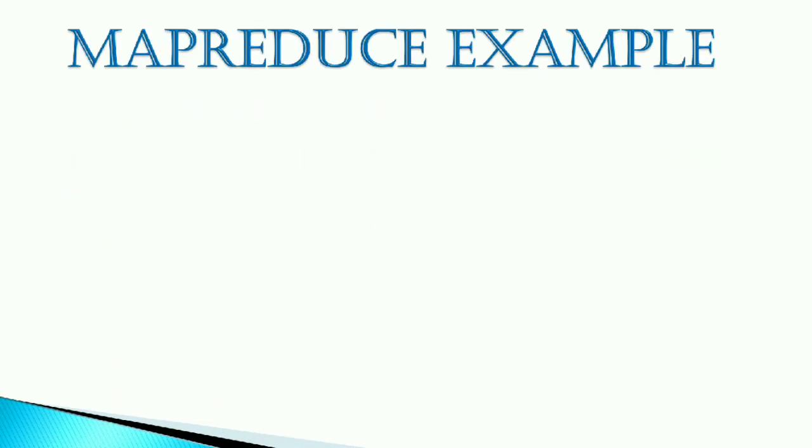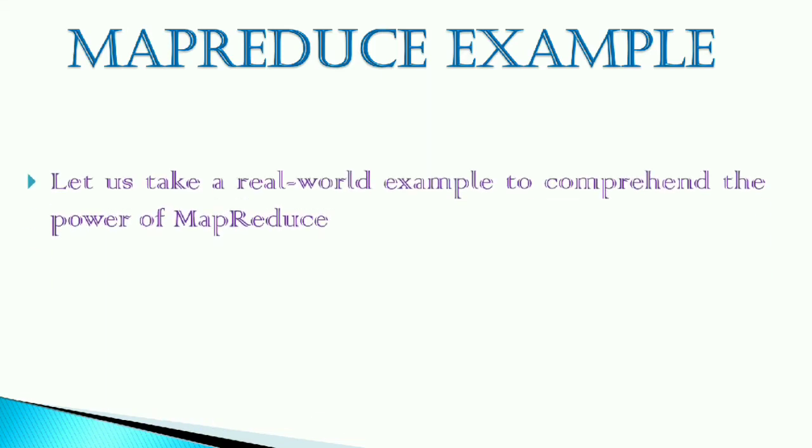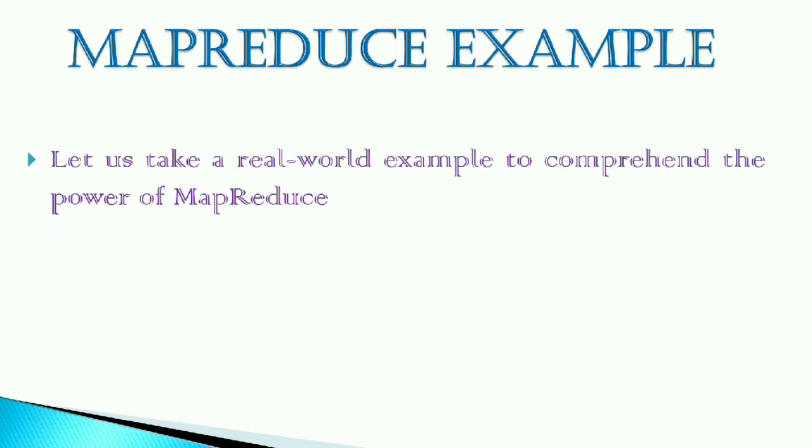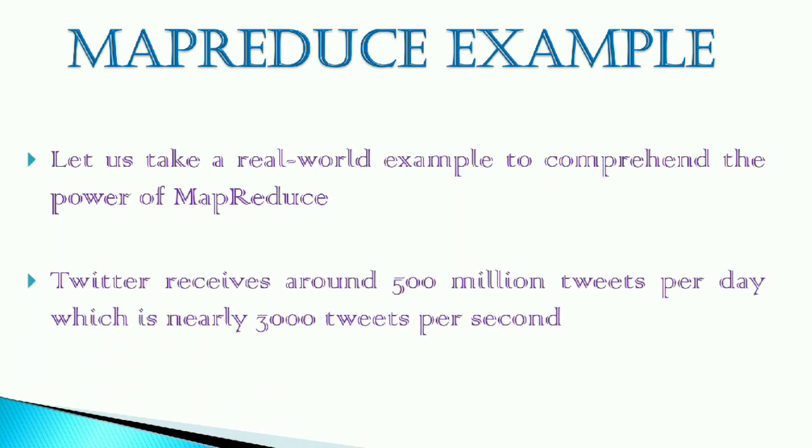Let's see one example of MapReduce. Let us take a real-world example to comprehend the power of MapReduce. Twitter receives around 500 million tweets per day, which is nearly 3000 tweets per second.